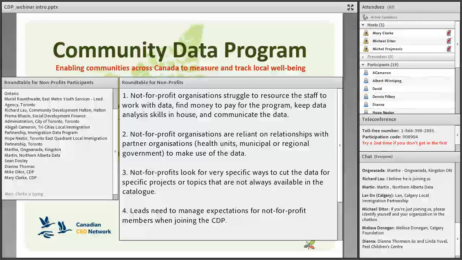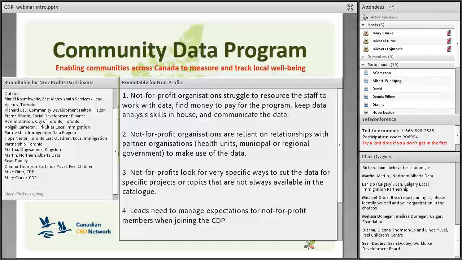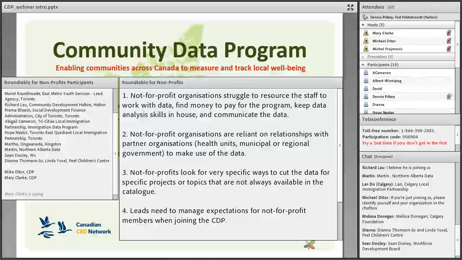But also even outside of the community data program, if there's other data that an organization might want to access, finding dollars to pay for data, especially if it's outside of the community data program, I think that's always a challenge.